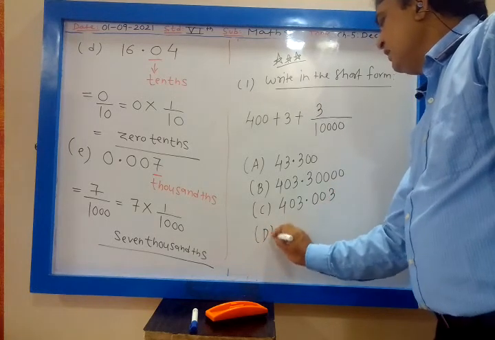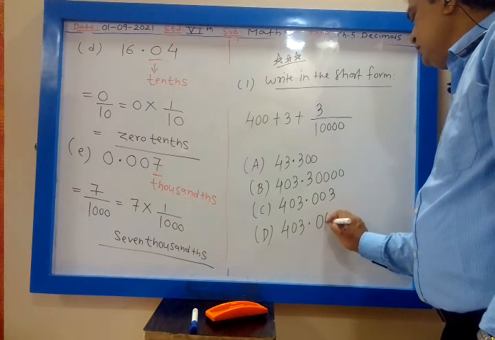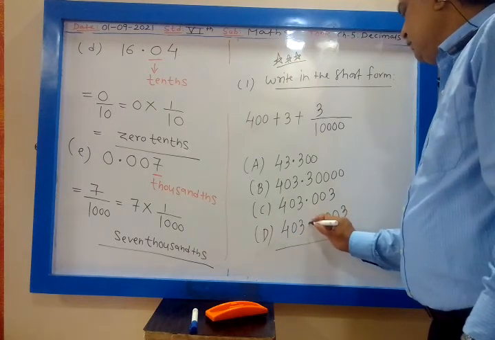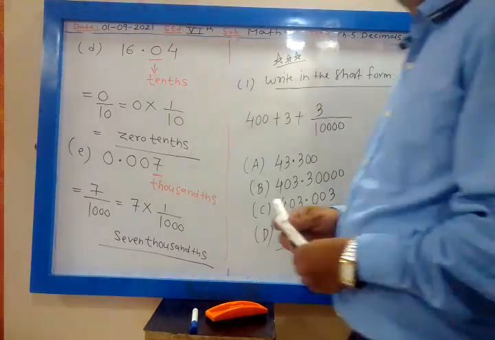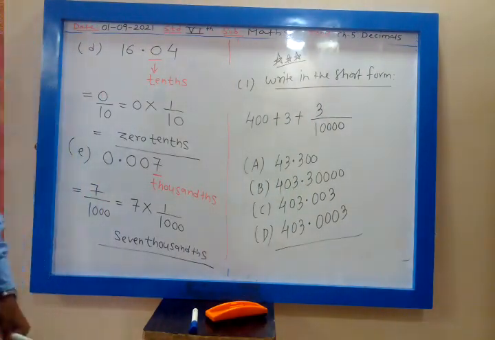D: 403.0003. 4 options are there. Tell me the correct option. Write in the short form.